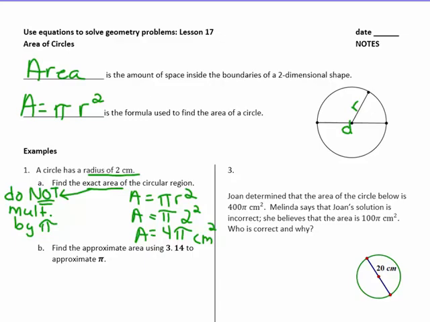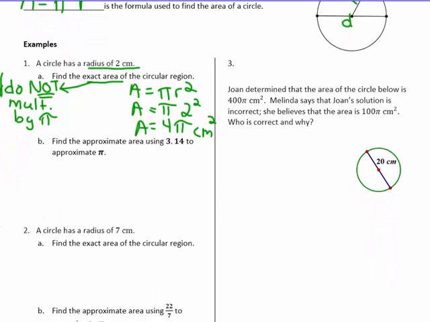All right, let's see what else it wants us to do. If I can move my board down here. So now it wants us to find the approximate area using 3.14. So I'm going to take the area I already found, 4 pi, and I'm going to substitute in 3.14.